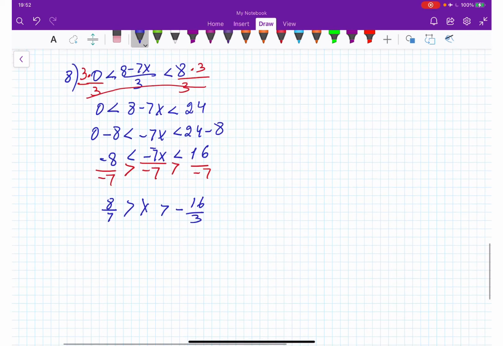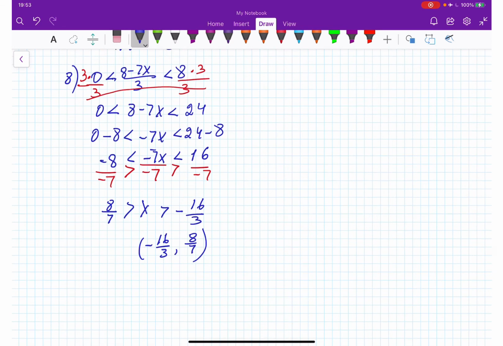So I can write down the answer in parentheses, which means no equal sign is present: negative 16 over 7 first, because the smaller number comes first, and then positive 8 over 7. Okay, question number 9.